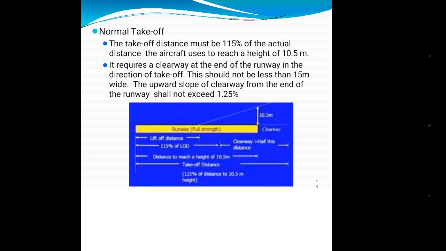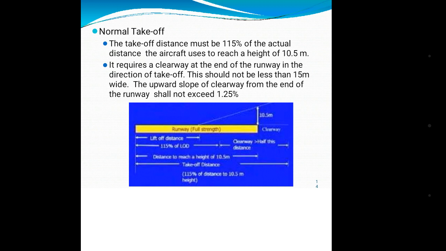Then the second condition, normal takeoff. The takeoff distance must be 115% of the actual distance that the aircraft uses to reach a height of 10.5 meters. So we require extra distance for takeoff. How much is it?